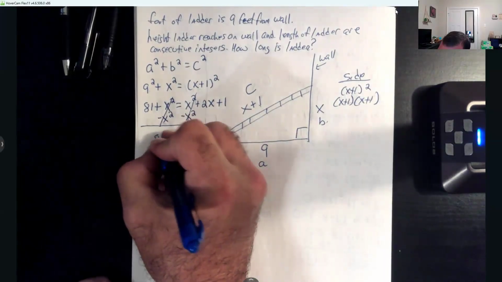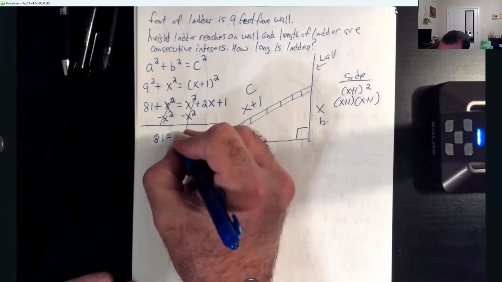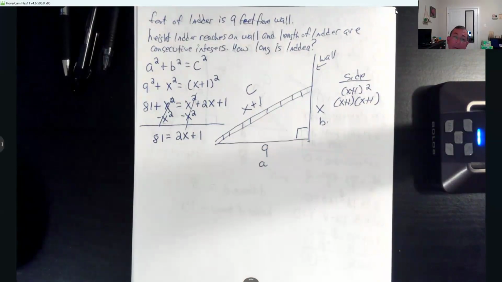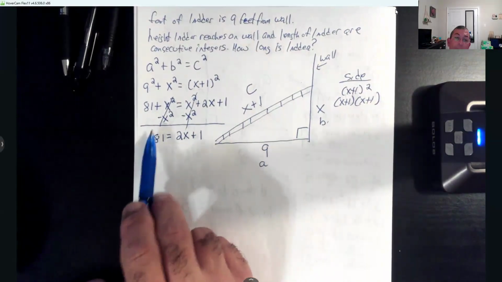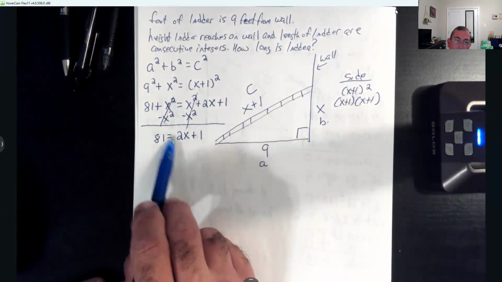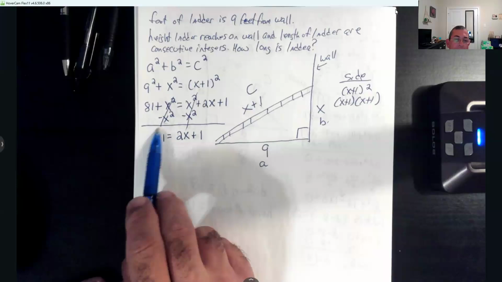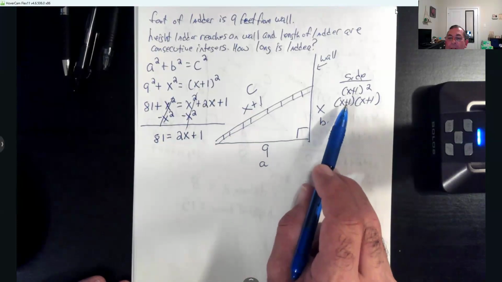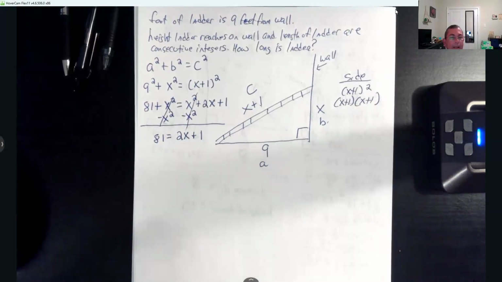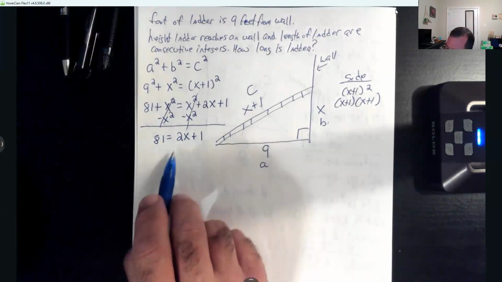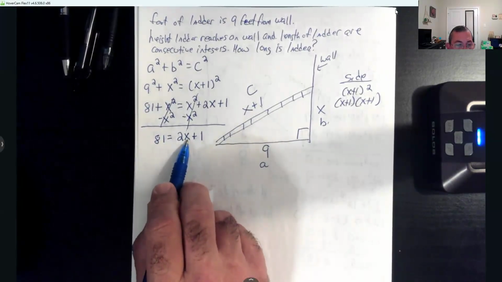So I'm left with 81 equals 2x plus 1. And y'all, I'll tell you the truth. At this point, the only difference between my problem and y'all's would be the 81. Y'all's x squareds will cancel just like mine did. And y'all are still going to have a 2x plus 1 here because it's going to get from that. So look here. It's not quadratic anymore. There's no x squared terms. So there's only 2 moves I need to do to solve for that x.